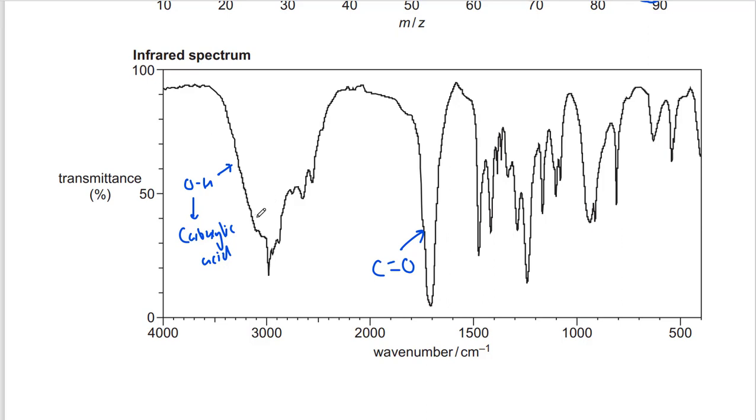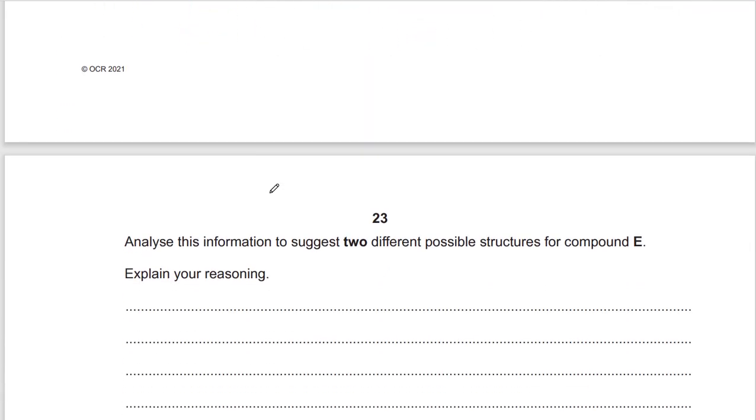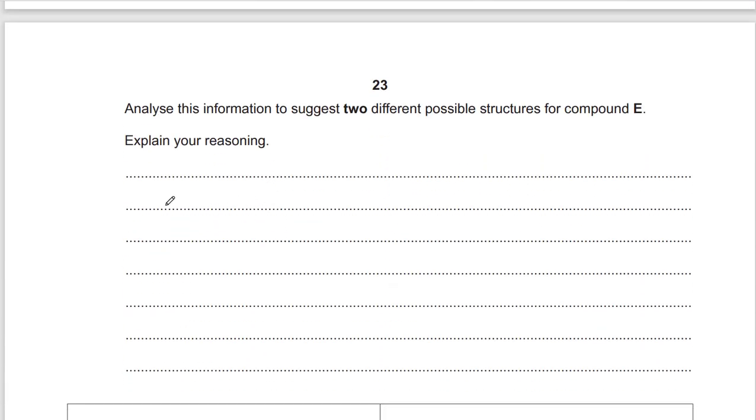Again, in your answer, you can annotate the spectrum and you'll get marks for that, but there's nothing wrong with just putting down the basics, you know, mass spec, M/Z peak, whatever you want to call it. The M/Z peak is at 88, therefore Mr equals 88. That'll get you a mark.